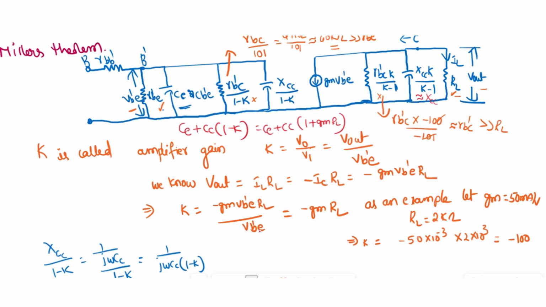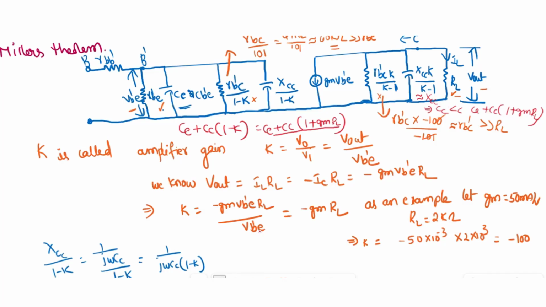Means the capacitance here is only Cc, which is very less compared to this, because here the component is 1 plus GMRL, which is very high. So this capacitance is very less compared to the Ce plus Cc of 1 plus GMRL. So totally you can neglect the capacitance in the output side.